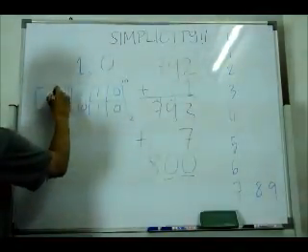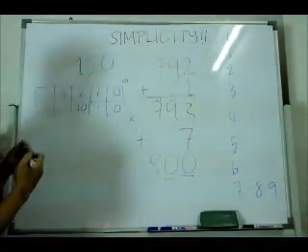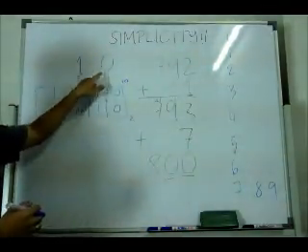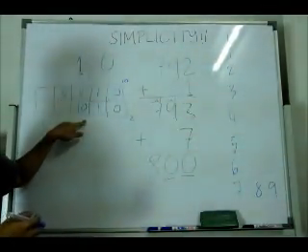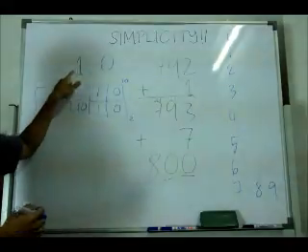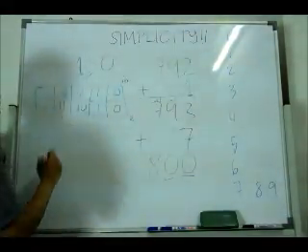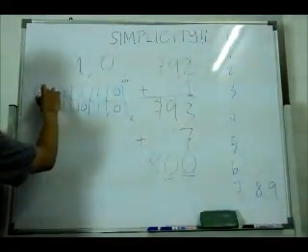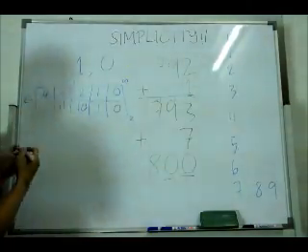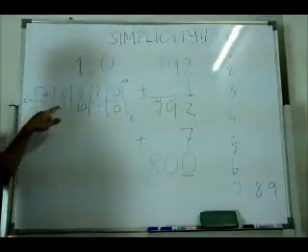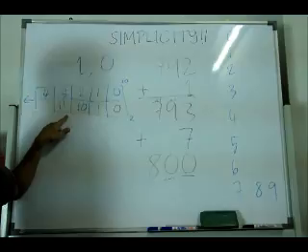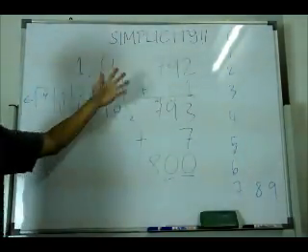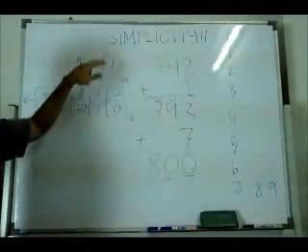And next we have 3. 0 is the minimum number in binary, so we can just add 1. It becomes 1, 1. Next we have 4, and so on and so forth. Once we have 4, this has maxed out. We cannot go larger than that because this is a binary system.